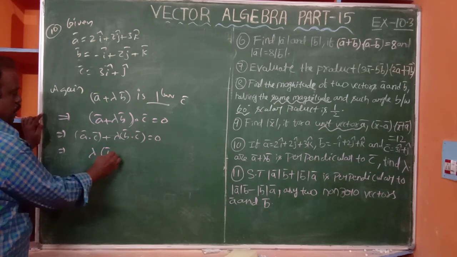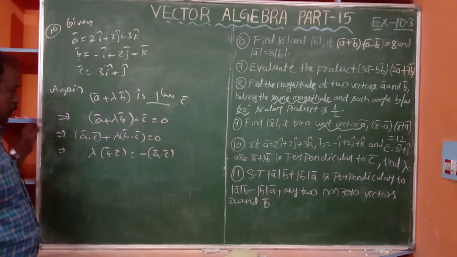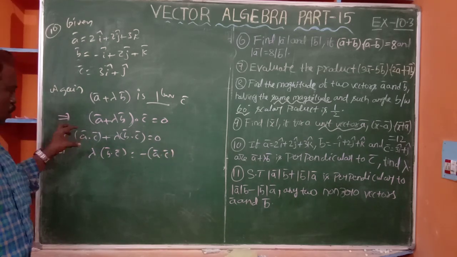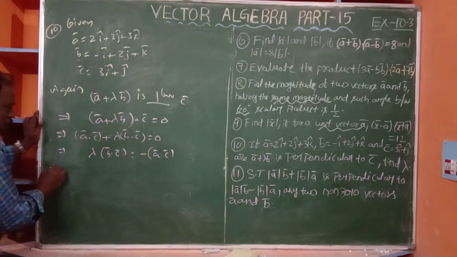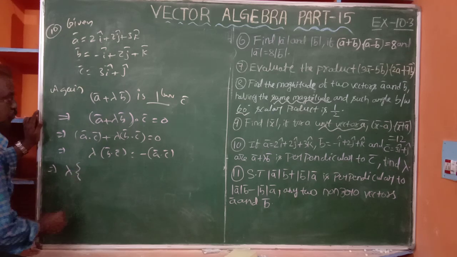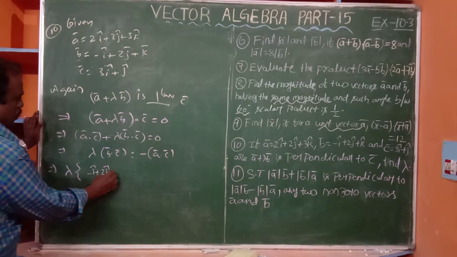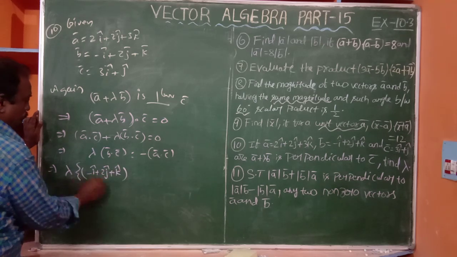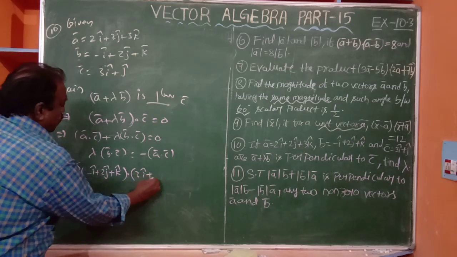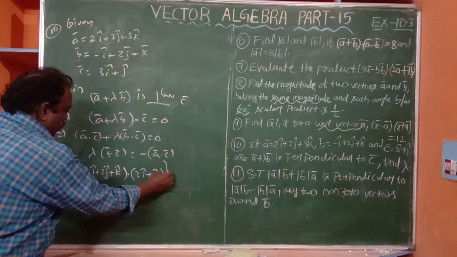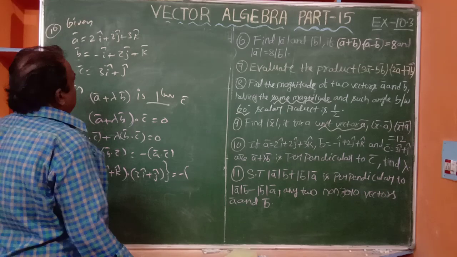So lambda b bar dot c bar is equal to minus a bar dot c bar. A bar dot c bar is one number, it goes to that side with a minus. You see, lambda of, what is b bar? Minus i plus 2j plus k dot 3i plus j is equal to minus of, what is a bar?